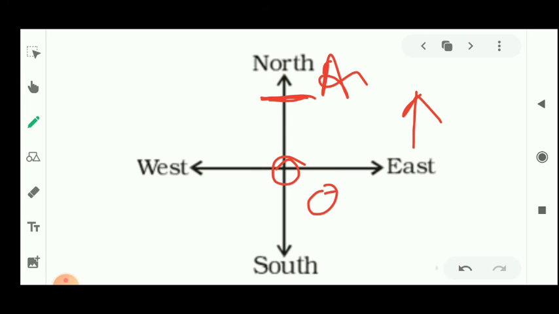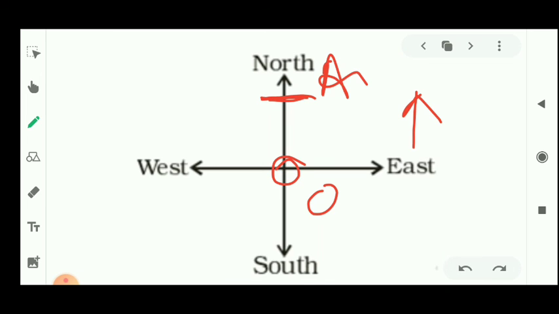O to A. In which direction? North direction. And how much did he move? 2 kilometers. Okay students. Now he is standing in which direction? North direction, and his point is A. Let's see the rest of the question.